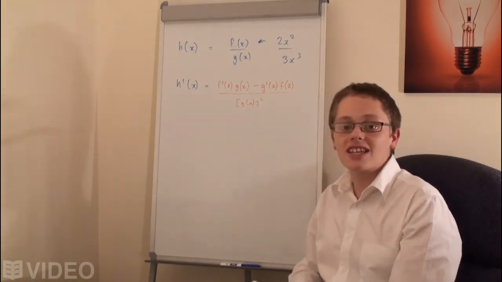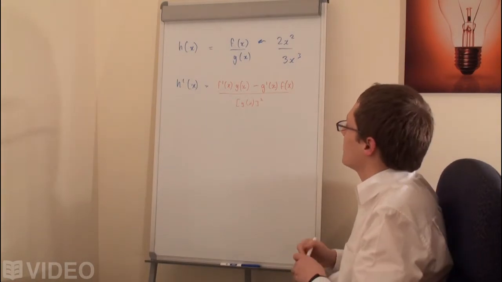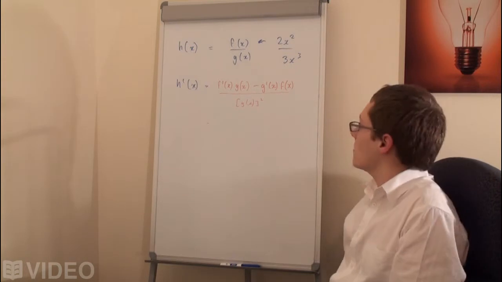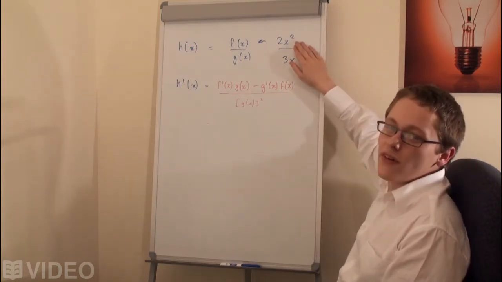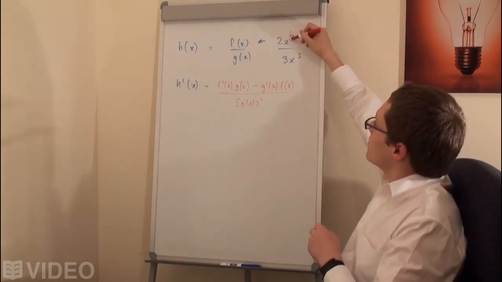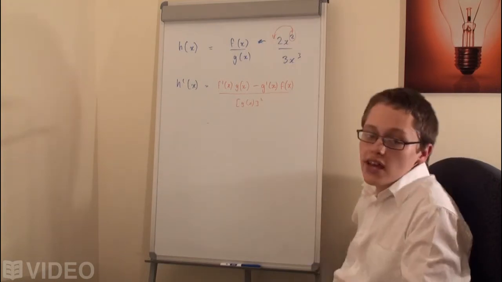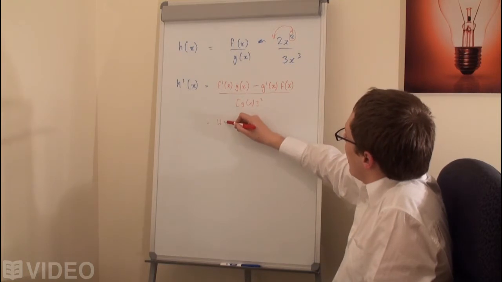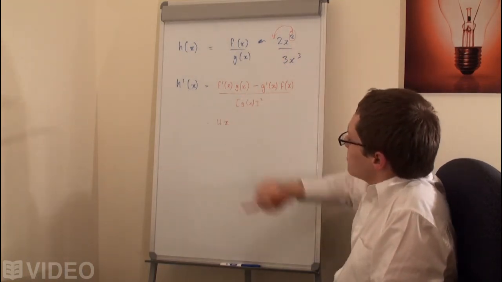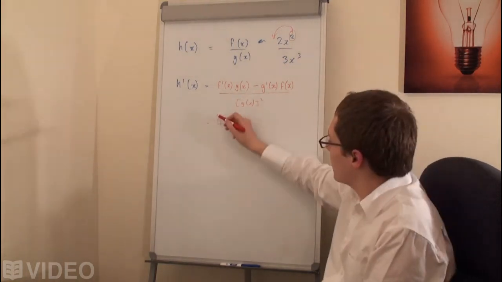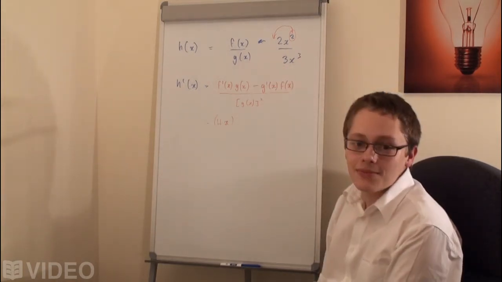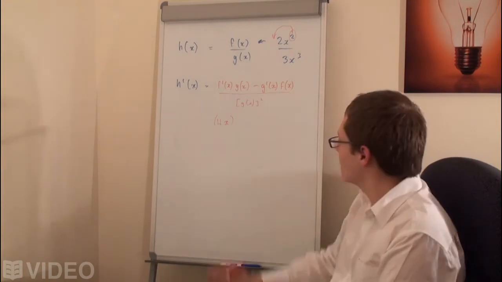And this is where things start to get a little bit more complicated. So what we do is we take the derivative of the term in the numerator. We differentiate it. So we move 2 down to the coefficient position. So we have 4x to the 1, so just 4x. And then we just write the bottom term as is, just like we did with product rule.